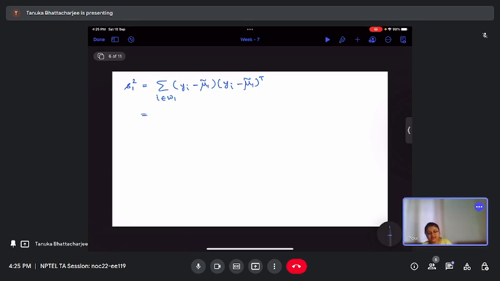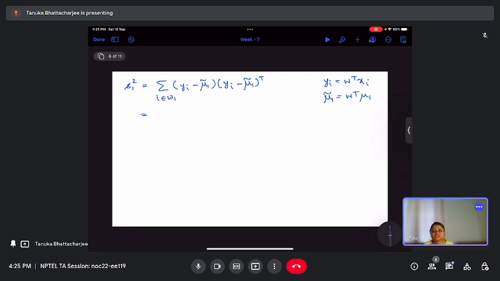As you already know, yi is basically w transpose xi. That is how you take the orthogonal projection along some direction. And mu 1 tilde, we just saw, is w transpose mu 1.